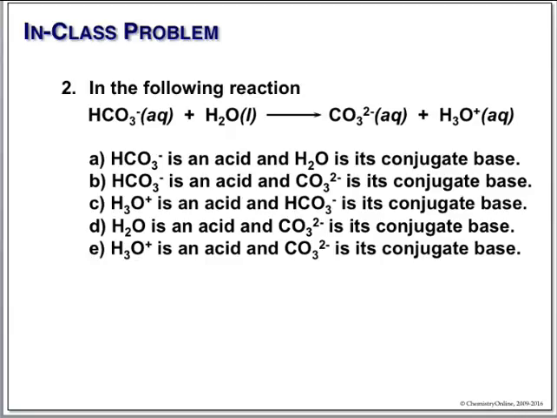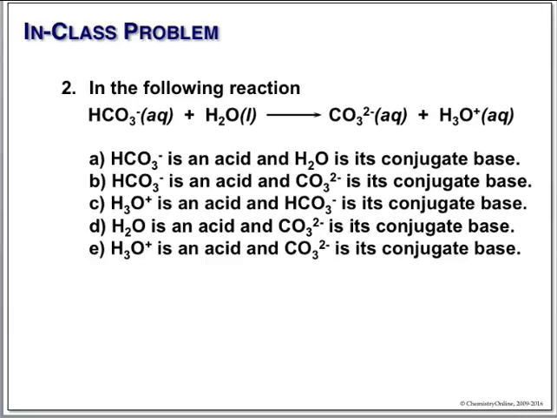Water is its conjugate base? No. Water is functioning as a base, but the conjugate base must be the same compound, just missing a proton. Hydrogen carbonate is an acid. CO3 2 minus is its conjugate base. This loses a proton to form this.